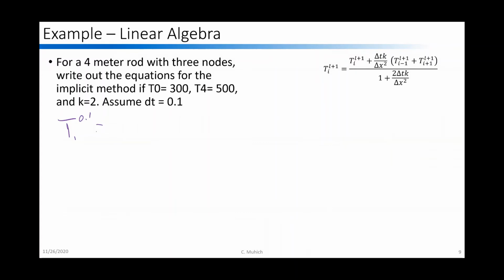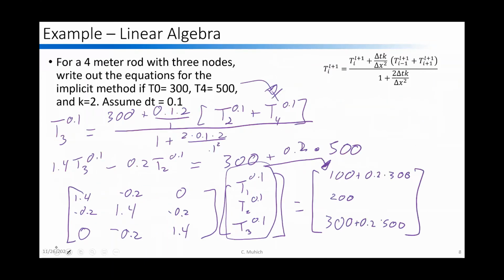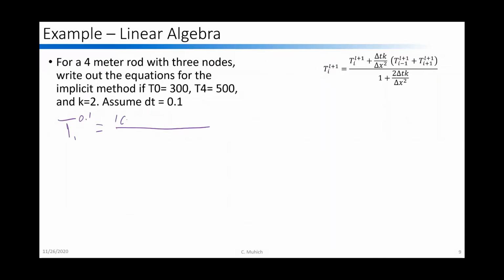T1 at 0.1 is 100 plus 0.2 times T2 at 0.1 plus 300, all over 1.4.